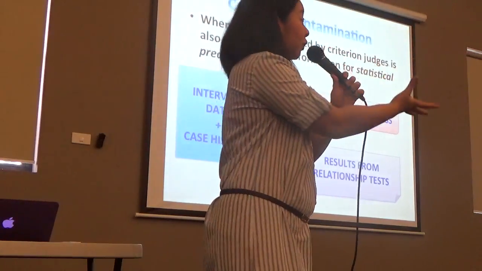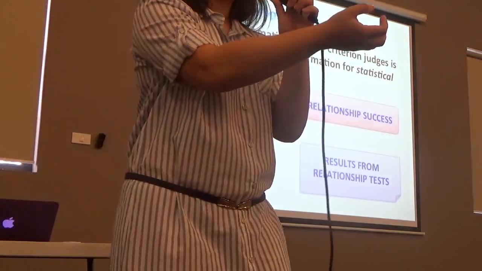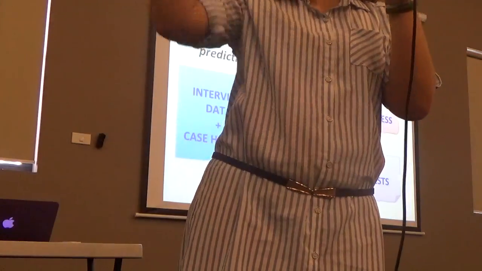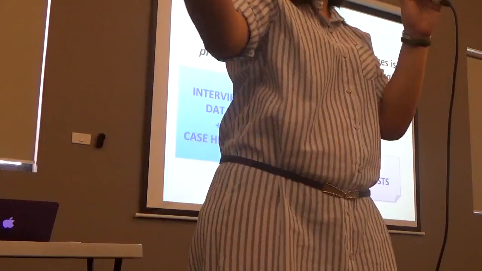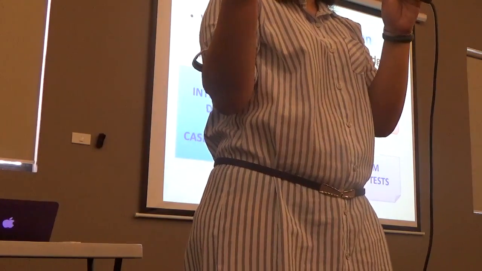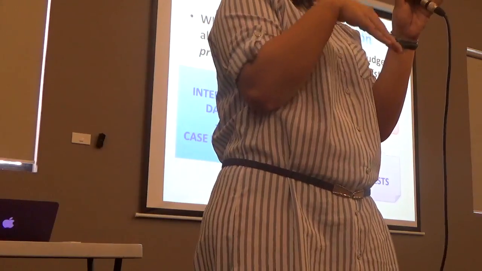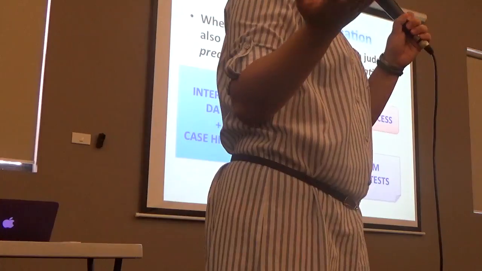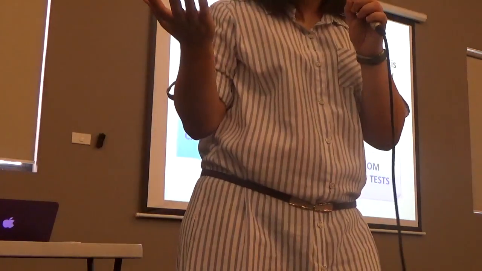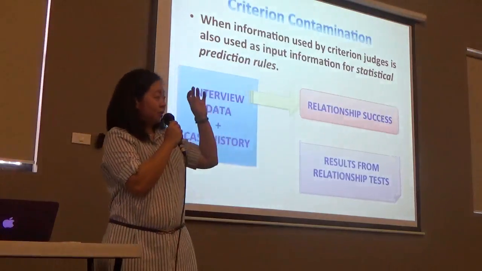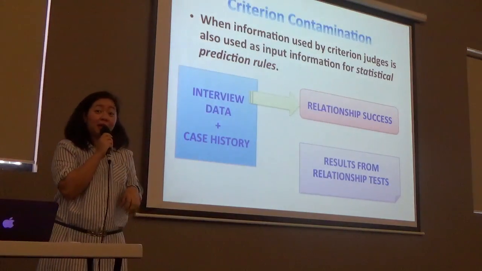So, you have those information from interview, case history data, but you're deriving your prediction rules from another source of data, which is scores from psychological tests, derived from individuals or couples who have successful relationships. Tama ba? Okay, so then, criterion contamination is reduced, if not eliminated.